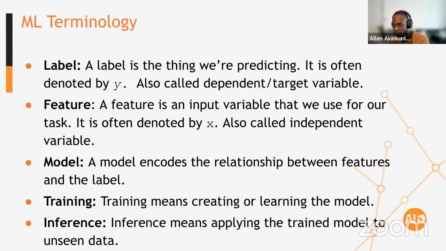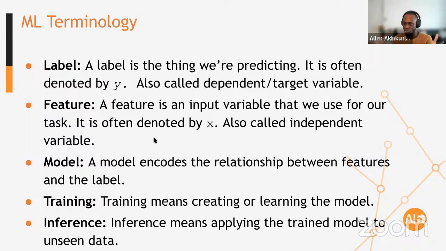So we have a feature, right? A feature is an input variable that we use for our task. In the example I provided, it is what we are using to predict what we're trying to predict.